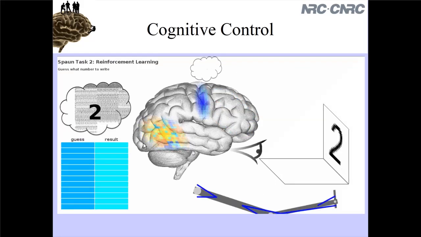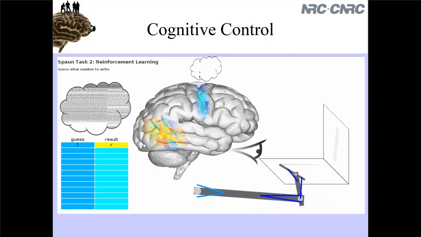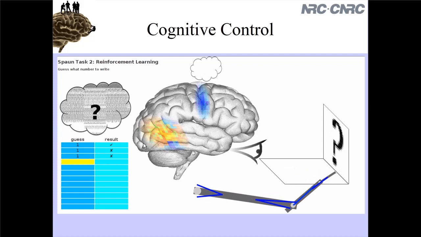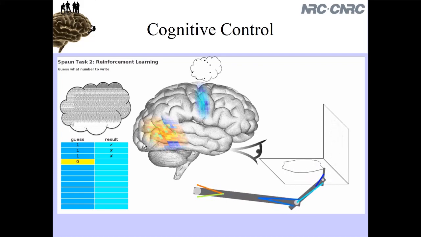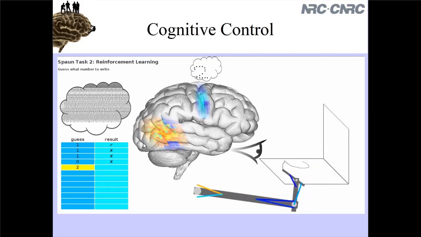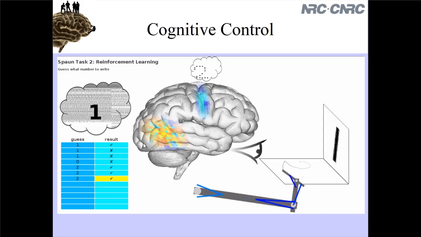We can also do a little bit of a reinforcement learning task. So this is a task where whenever a question mark appears, the agent draws a number. And then we either show it a 0, in which case it gets no points, or we show it a 1, in which case it gets 1 point. And eventually it learns that whenever it draws a 2, we often give it a point.